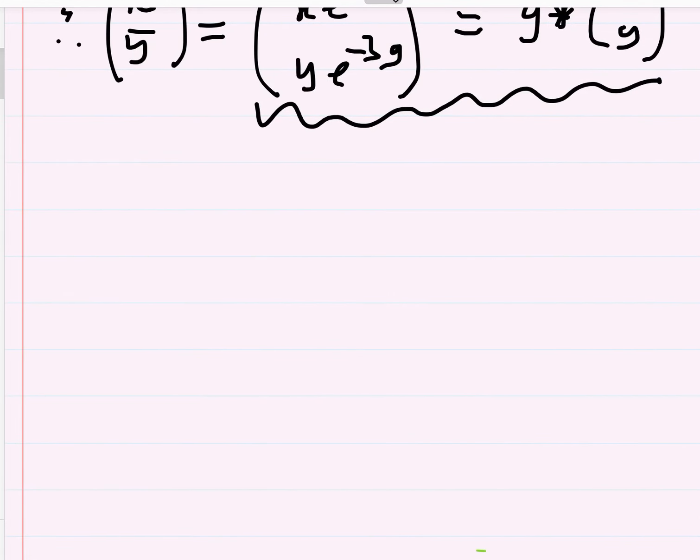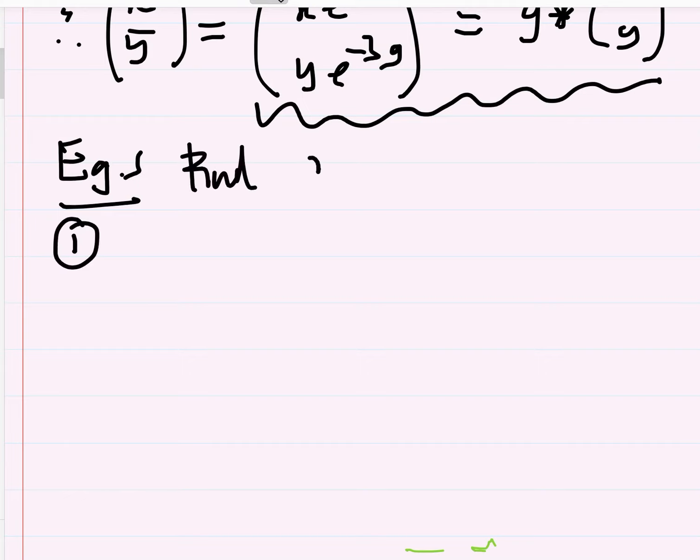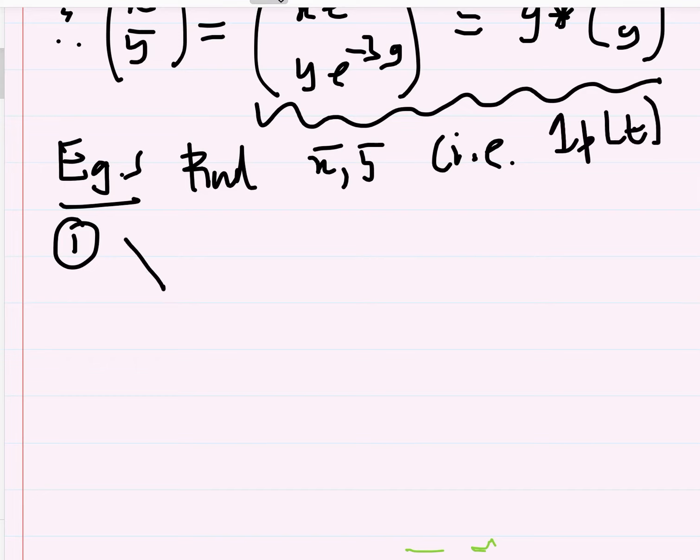An interesting example would be, I guess you can try this, examples. One, I should say here, find x bar, y bar, i.e. find the one parameter Lie group of transformations given the vector field.